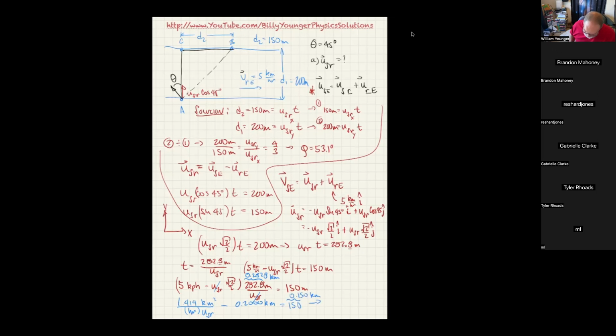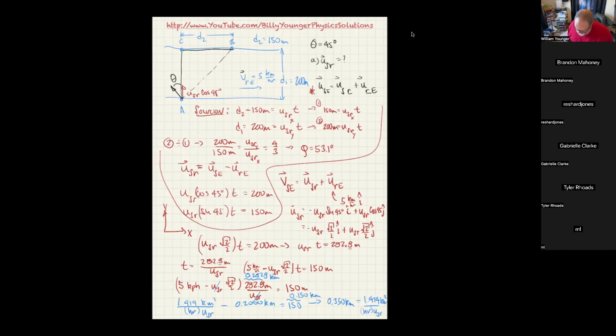Now I'm going to take that 0.15 and add to it 0.2. So 0.15 plus 0.2 gives me 0.350 kilometers is equal to 1.414 kilometers squared over hours times U_SR.